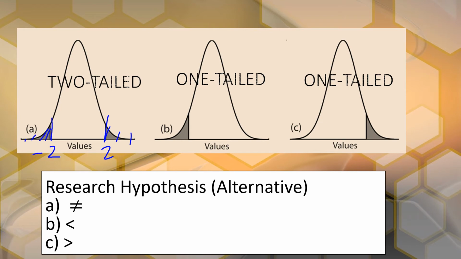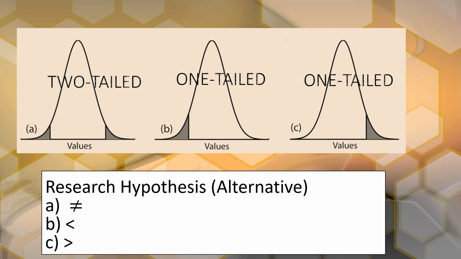So in this case, if our research hypothesis was not equal to and we got a 2 for our z statistic, we would put a line at the 2 and shade to the right and also make it a negative and shade to the left. But say we got a -2, then we would also do the same thing. We would put a line at the -2 and then make the -2 positive and shade to the right.